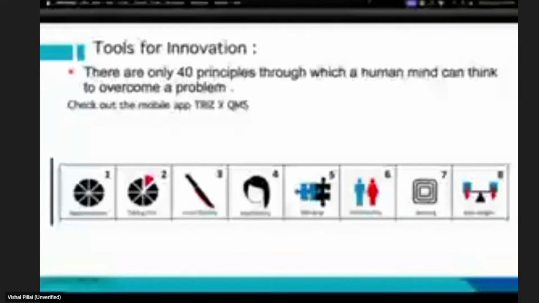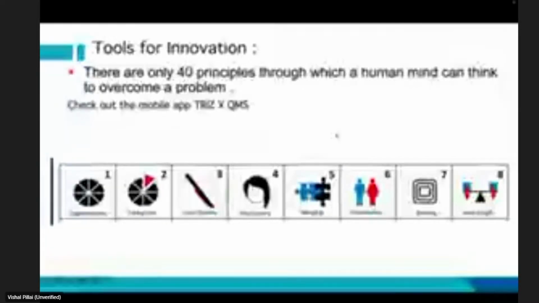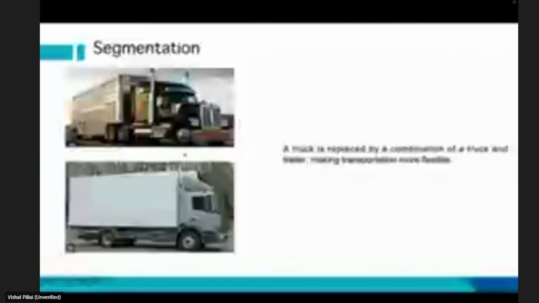Anyone who has seen the app understands that this gives you an idea of how you should take it further. For example, I'll go to number one. Suppose segmentation is a method of thinking. It's a principle.